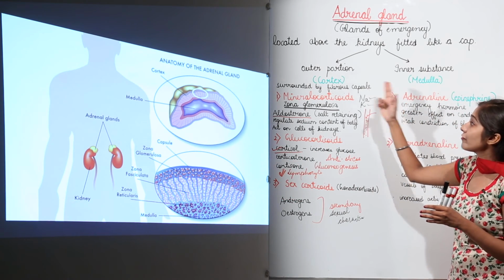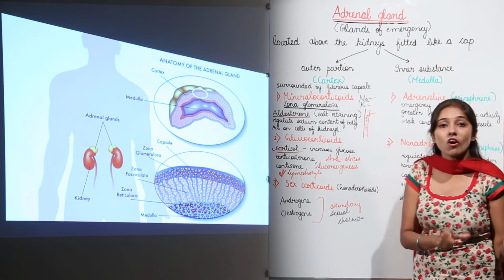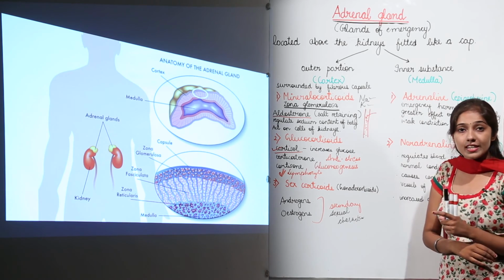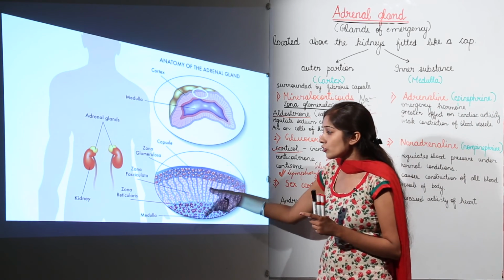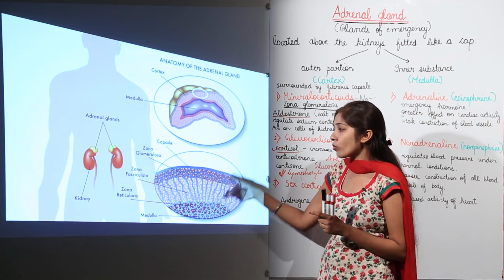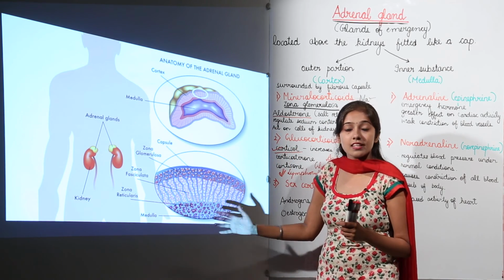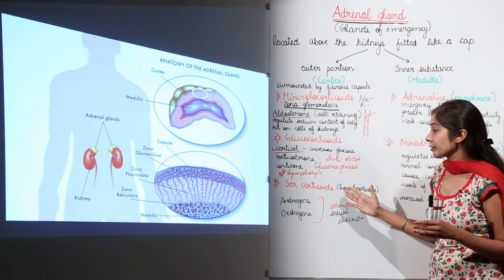And remember that they have two portions. We have an outer cortex and an inner medulla. They secrete different hormones. We have different cells. We have discussed briefly the three zones that are there, the zona glomerulosa, the zona fasciculata, the zona reticularis, and the types of hormones they secrete, right.